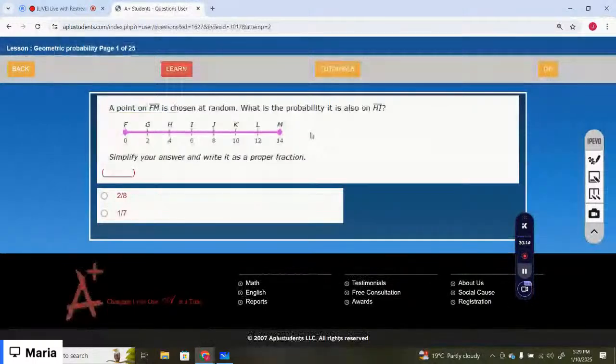A point on FM is chosen at random. What is the probability that it is also on HI?